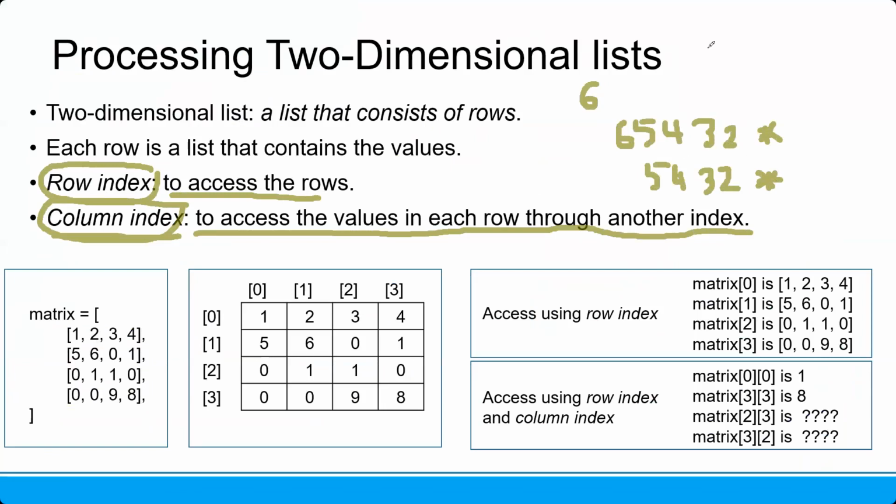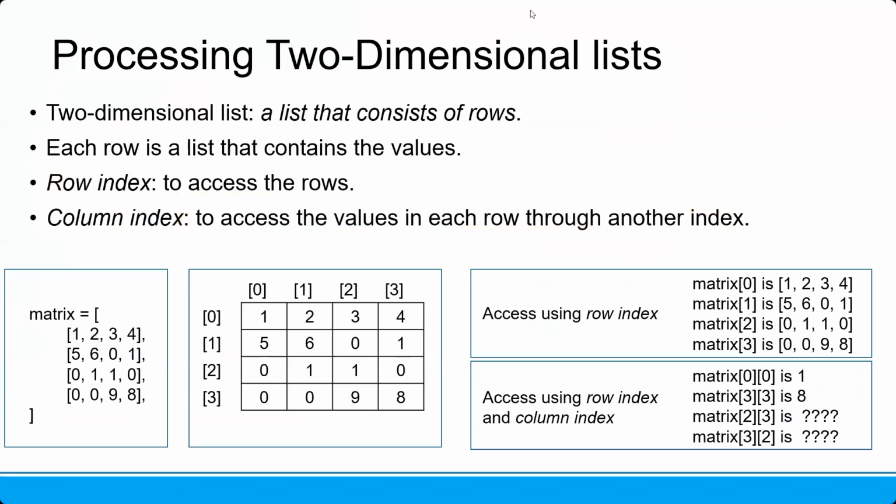It is similar to the idea of two dimensions. The first dimension is the row, and the second dimension is the column. So if you understand how to create this one, then you understand how to access the row and how to access the column.